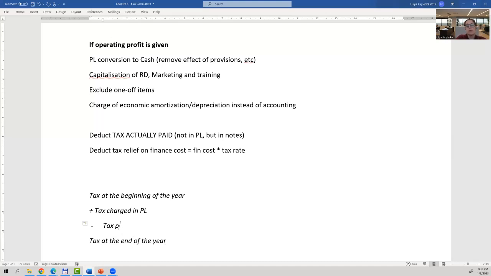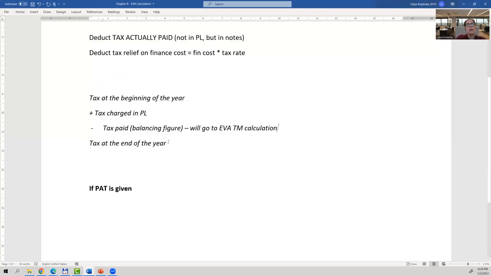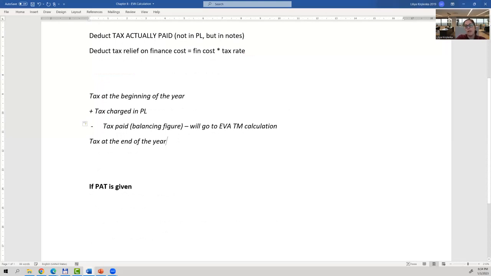So tax paid, balancing figure. This will go to EVA TM calculation. Tax at the beginning of the year and at the end of the year will be taken from statement of financial position or balance sheet.